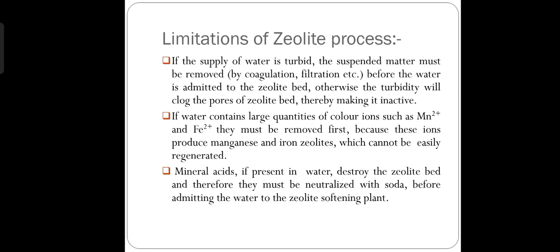Now the third limitation is that mineral acid, if present, will destroy the zeolite bed, and therefore it must be neutralized with soda before admitting that water to the zeolite softening plant. Now these are the three limitations that we have to take care of for the smooth conduct of the softening process occurring in the zeolite softener.